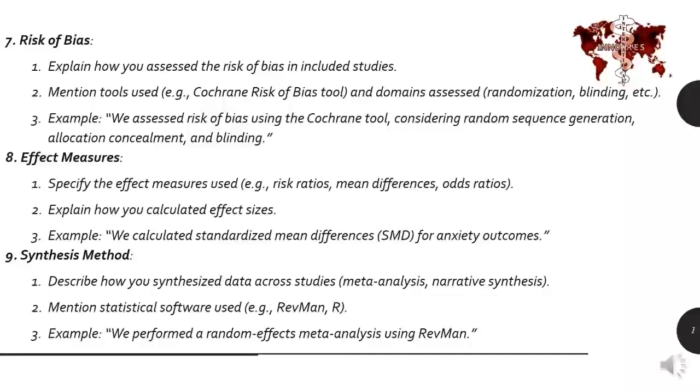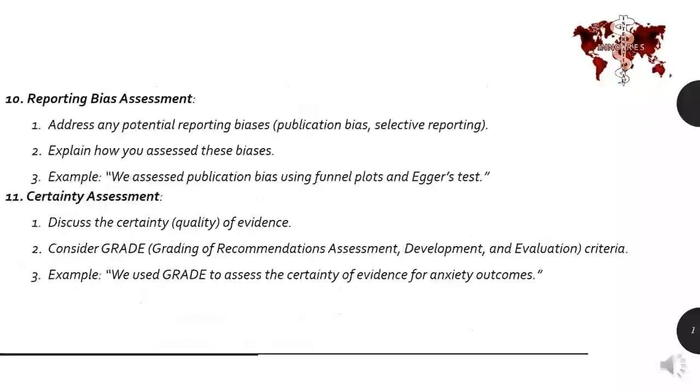Did you do a narrative synthesis? You also want to mention if you made use of any statistical software, for example, RevMan or R. Essentially, you just want to talk about how you synthesized data across the studies that were included in your systematic review.